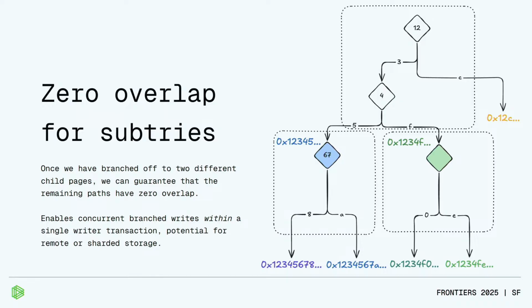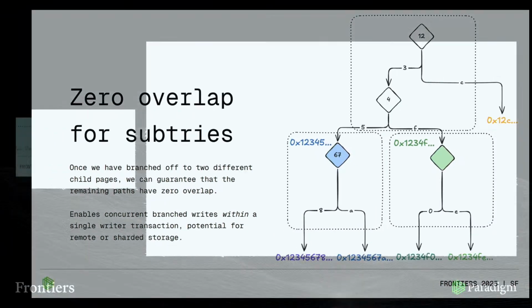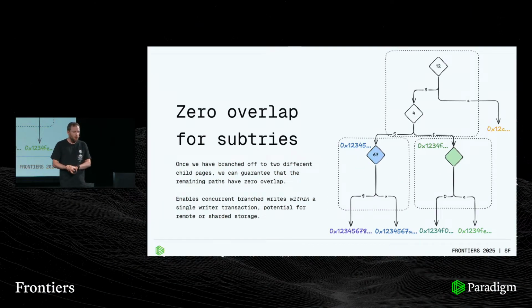So you can perform writes and hashing truly in parallel as you branch out through the tree. And this also opens up the door for sharded storage. If we're a little bit less latency sensitive, we can imagine supporting vastly larger state tries than what you would get from a single high performance local disk.